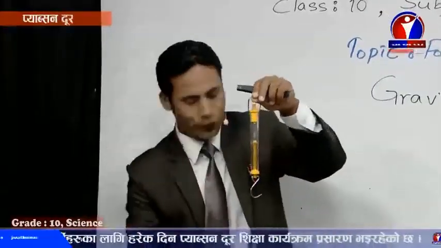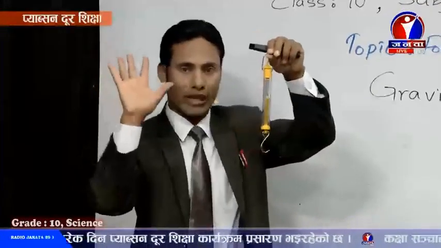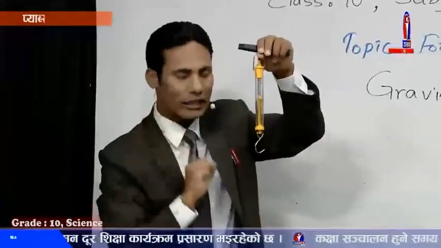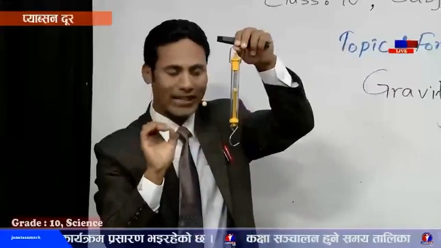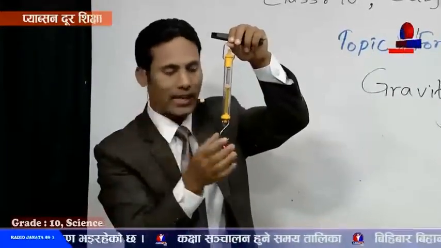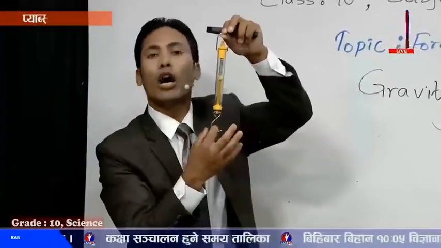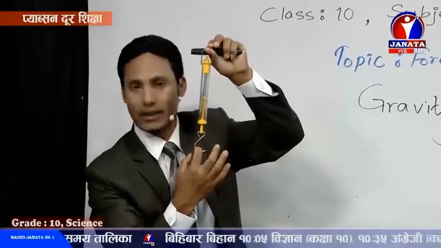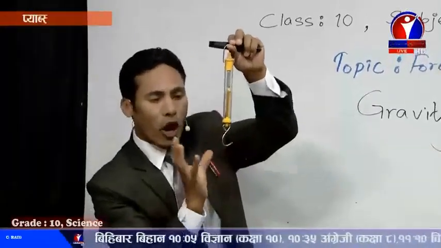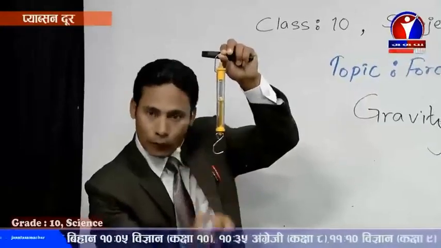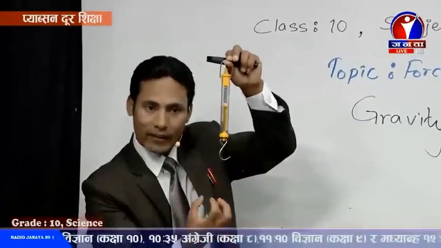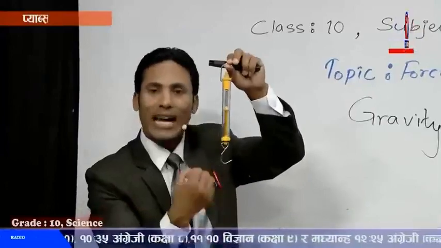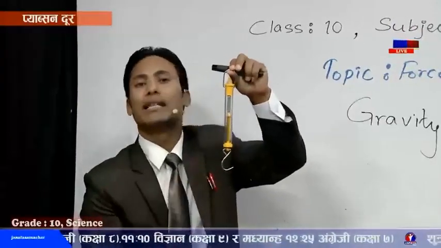Now, if I put some object here, suppose I'm using my own hand, so if I use some object here, then it shows the reading. Whenever we put the object here, some force of attraction is there by the earth, which is attracting it towards its center.